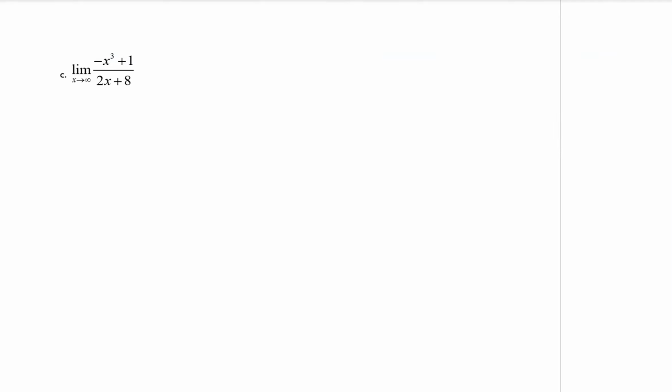Another way of thinking about this is that +1 and +8, as you're going to infinity, are so small that they're negligible because they're both just constants. So if you ignored these, it'd be like we were calculating the limit as x goes to infinity of -x cubed over 2x. And if we simplified that, both of those terms have an x, so it'd be -x squared over 2.